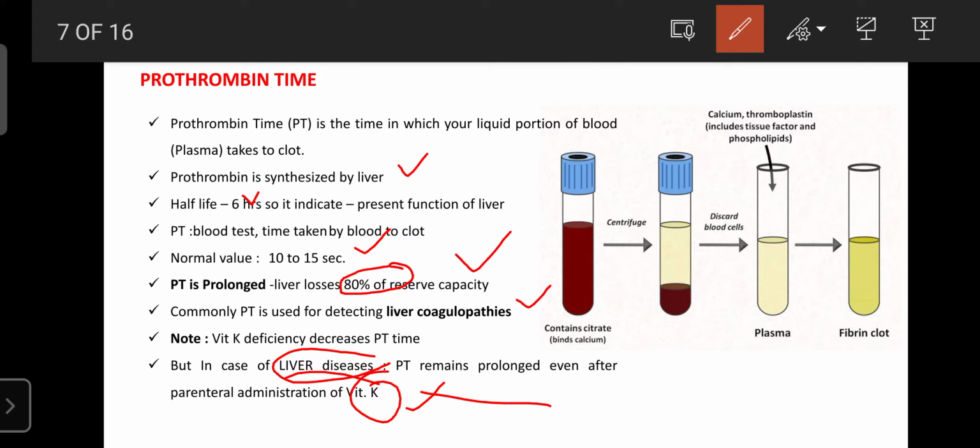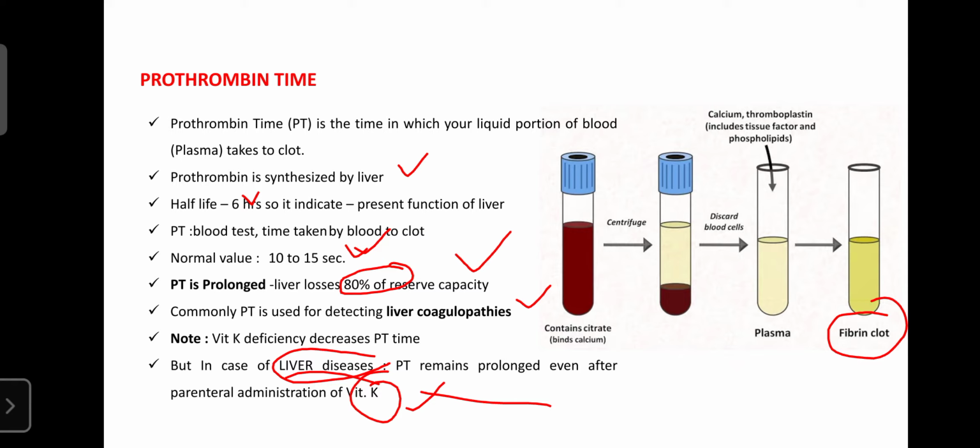That can be assessed by this method: our blood is centrifuged, then the blood plasma layer is taken, then we note down when the fibrin clots appear. So this is the noting down of the prothrombin time. The normal time is 10 to 15 seconds. If the time is increased, that can denote severe liver disorders.